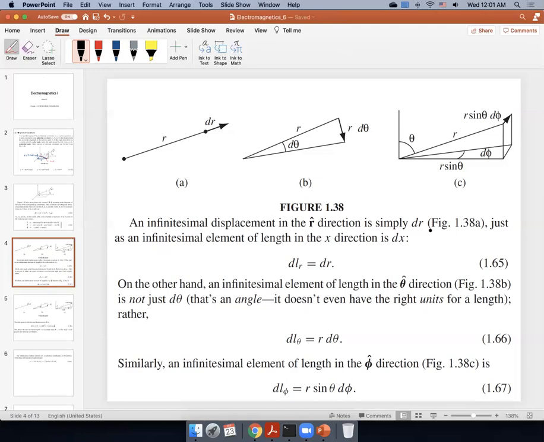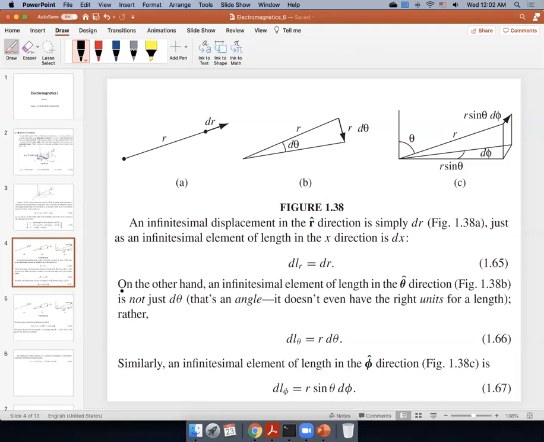It's just dr, because if we look at figure A, if r has a very small change, then the change is just dr. It's just an infinitesimal element of length in the r direction, similar to an infinitesimal element of length in the x direction. So in the r direction, it's just dr.